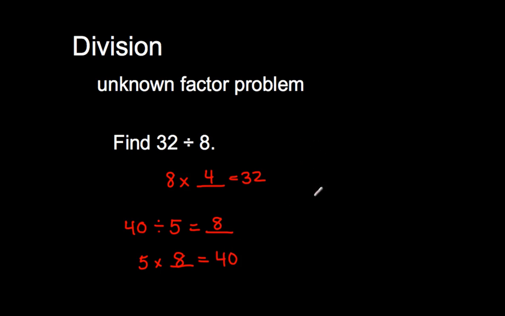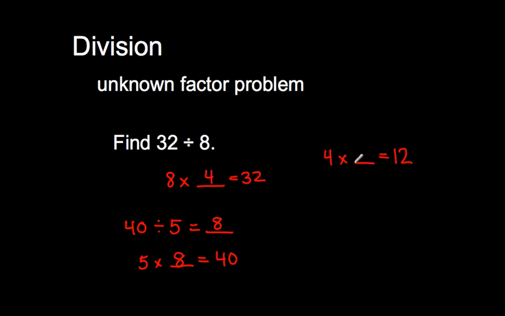So when you see a division problem, it's really an unknown factor problem. All you really have to know here are your multiplication facts to solve division problems. For example, if you see this problem here, you might say 4 times what number equals 12? Well, this looks like it's a multiplication problem.